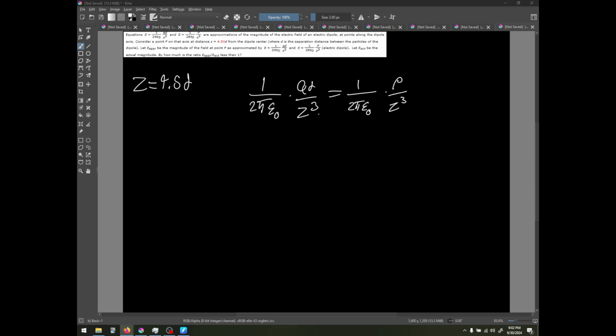Well, I don't know QD. I cannot get everything in terms of D. I can't get P in terms of D. I can't get QD in terms of D. I know I had the teacher go over how to do this.